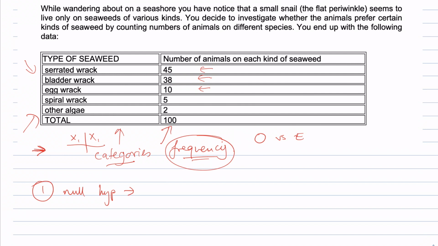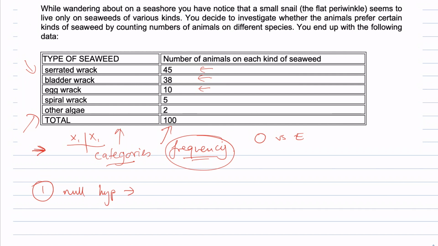They would have a certain preference of seaweed because their adaptations would mean that they're more adapted to one type of seaweed than others. That's my experimental hypothesis. My null hypothesis would be the opposite of that.